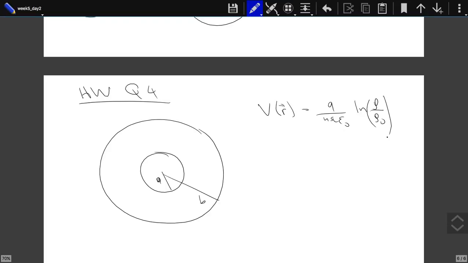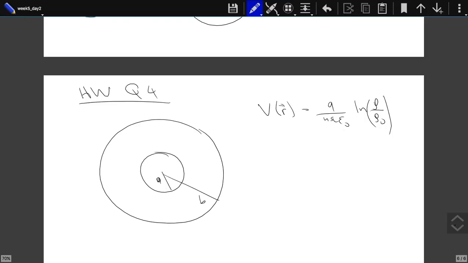Remember, when we are defining a potential, we have to choose a reference point, and rho 0 is the distance of this reference point from the axis of the cylinder. Most of the time we just send rho 0 to infinity, but in this example, you cannot send it to infinity. That's one problem we are having.